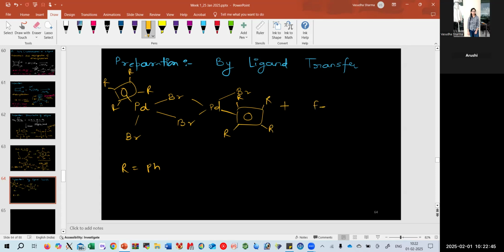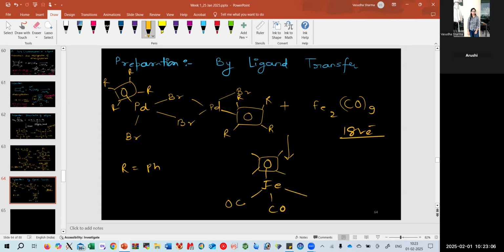Now I'm treating it with the same Fe2(CO)9. So what would be happening? Since I said that it's an 18 valence electron system, it would maintain its 18 valence electrons, and it will only take the cyclobutadiene ring from here, and the rest would be its coordination with the carbonyl group, and this becomes an 18 valence system.